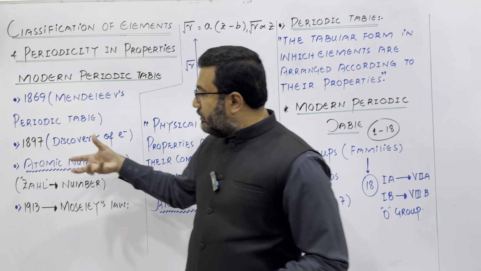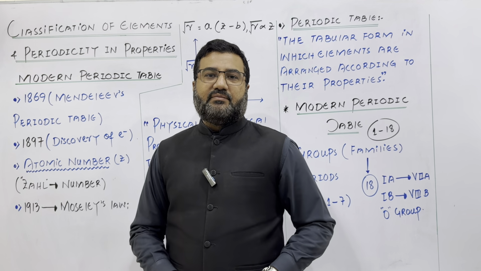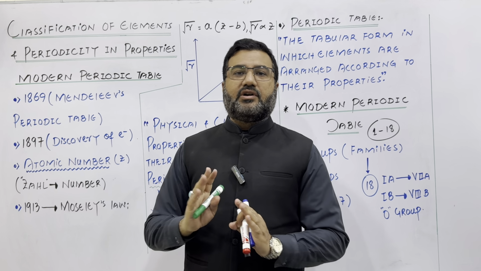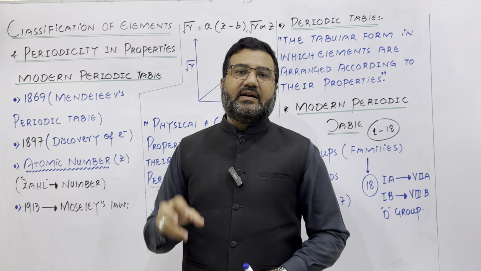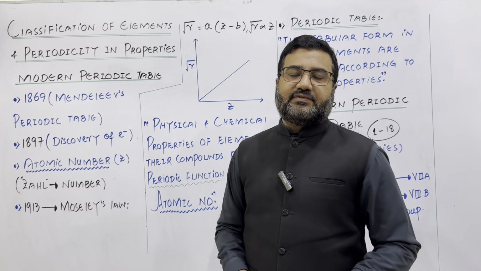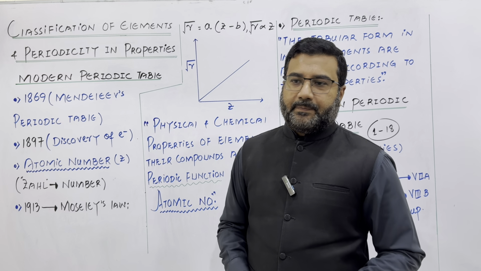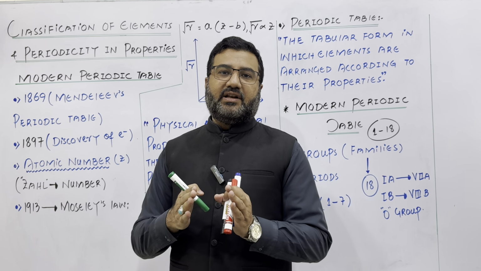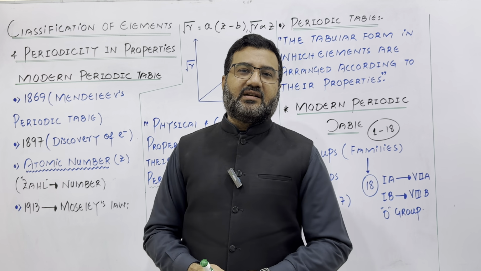Now, there was a new concept, that was the atomic number, but as the proton was not discovered yet, atomic number was not defined in terms of the number of protons, rather it was defined in terms of the number of electrons. Then dear students, in 1911, the nucleus was discovered by Rutherford.